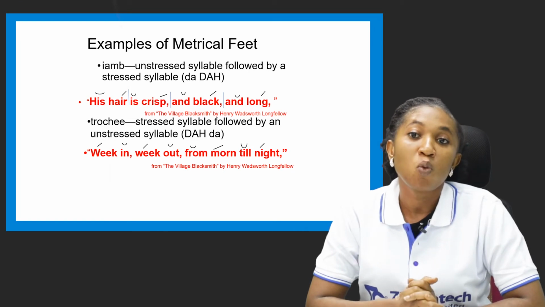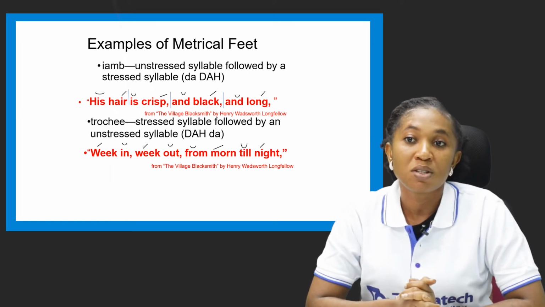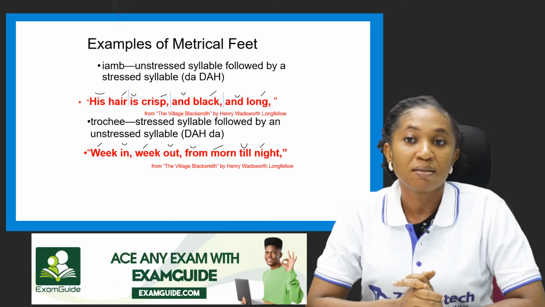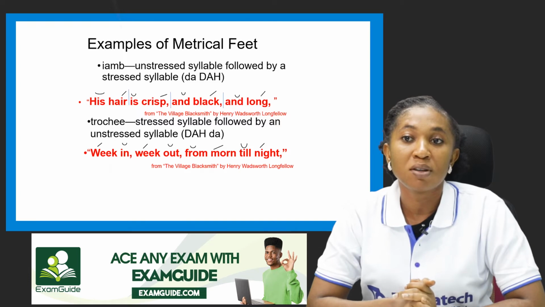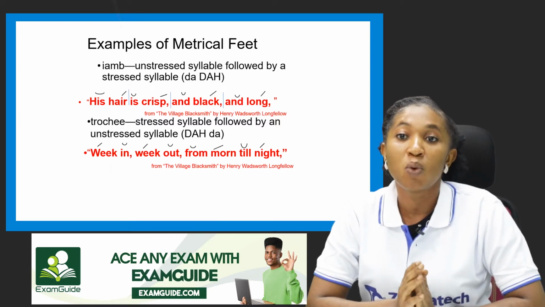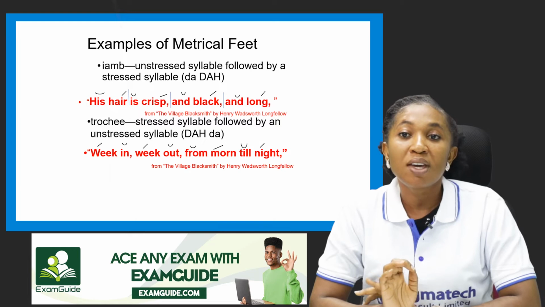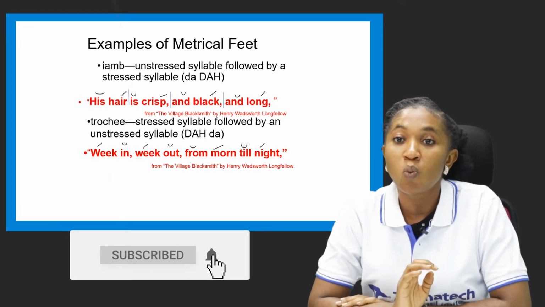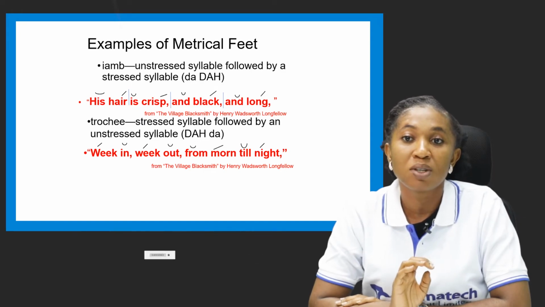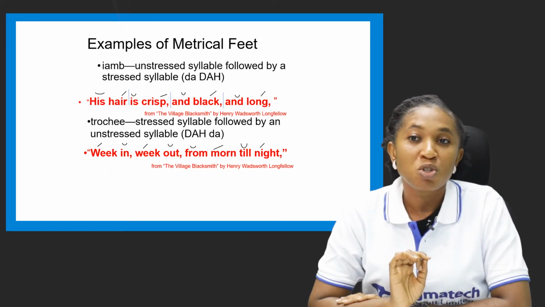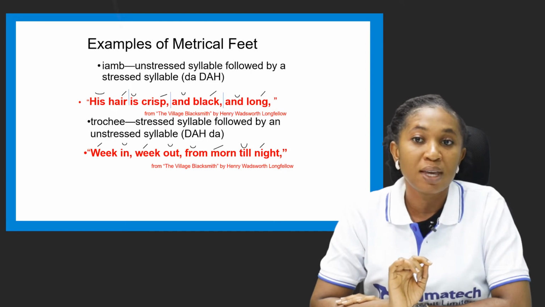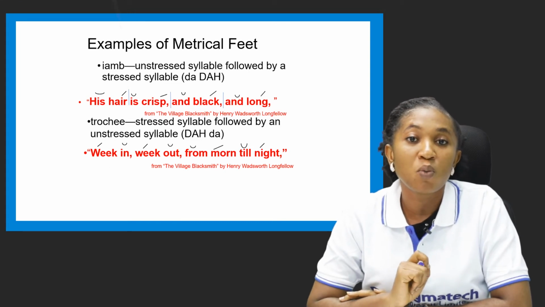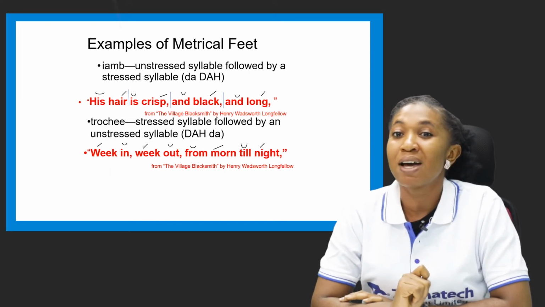For example, we have "week in, week out, from morn till night." The trochee metrical feet here are in "week in" and "week out." Look at it: in "week in" we have a stressed syllable followed by an unstressed syllable.